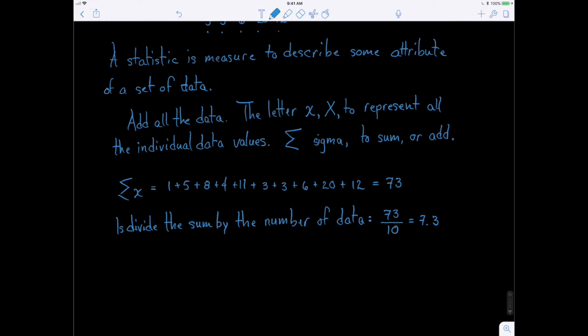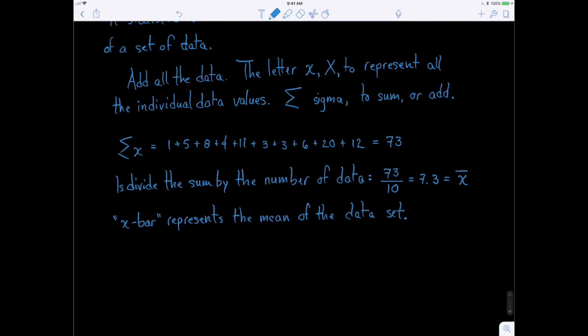A couple more things then. The character we use to represent the mean is x with a bar over it. And that's exactly what we call it, X bar. It represents the mean of the data set.